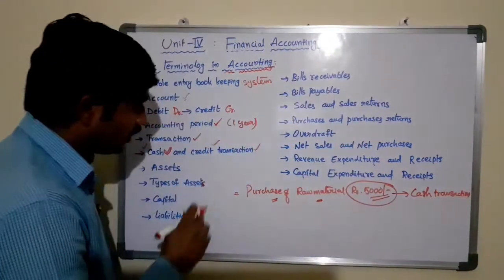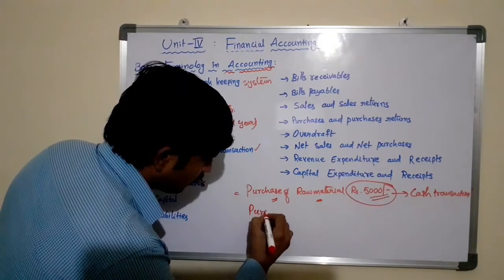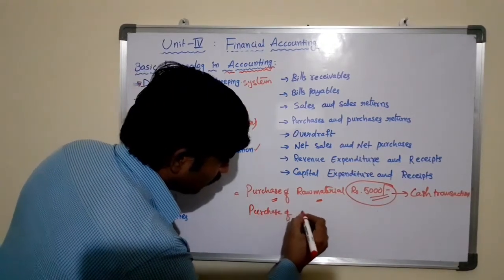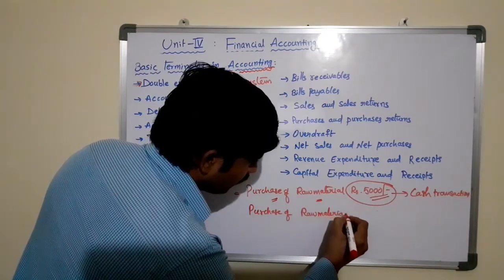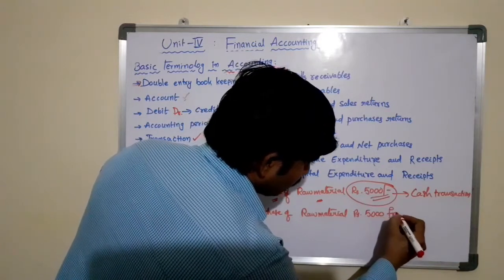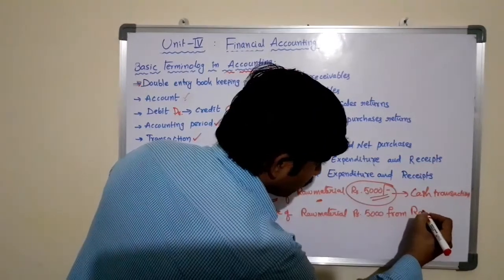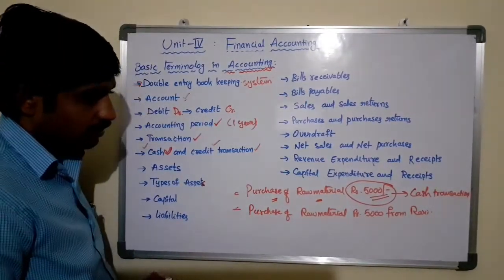And there is another transaction called a credit transaction. For the same purchase of raw material, rupees 5,000 from Ravi. See the difference between these two transactions.